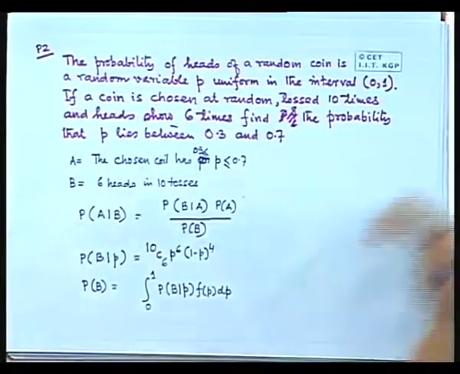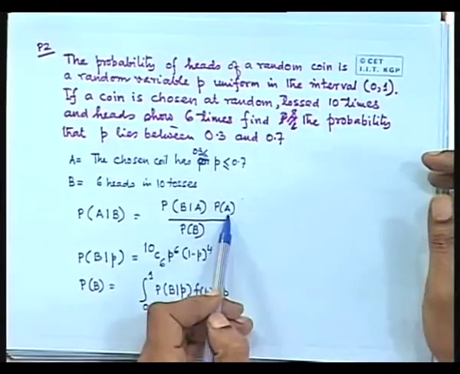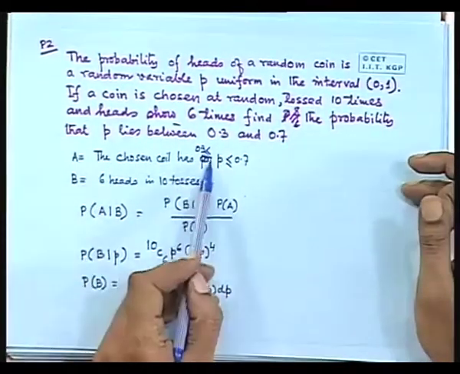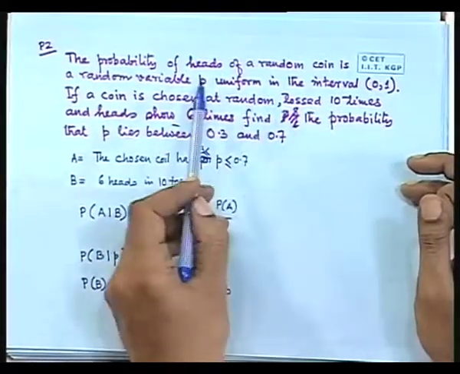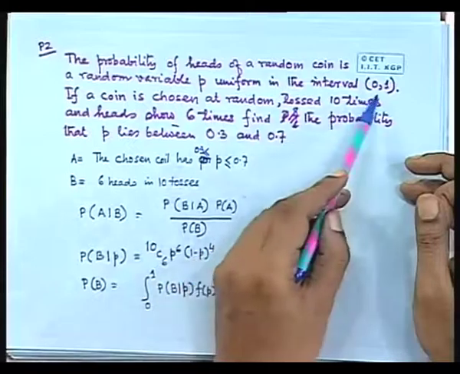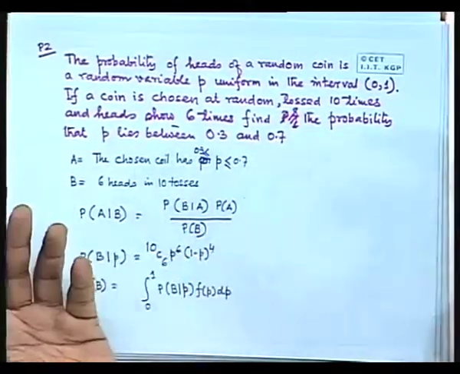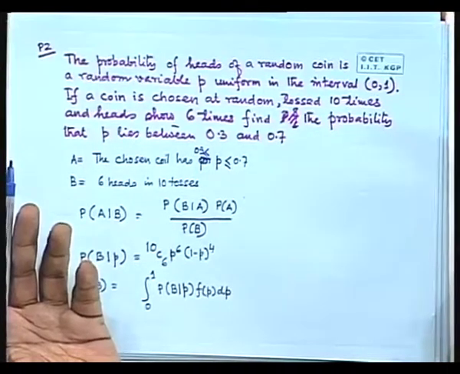Now the question is, what is probability of B given A? Probability of A is known. Probability of A is the probability that the chosen coin has, see, this P is a random variable uniform in the interval. So the probability of choosing a coin where P lies between 0.3 and 0.7 is simply 0.4. So what is f(p), sir? This is f(p).